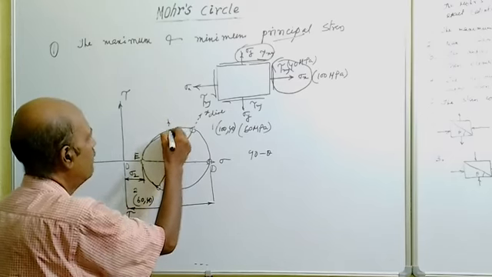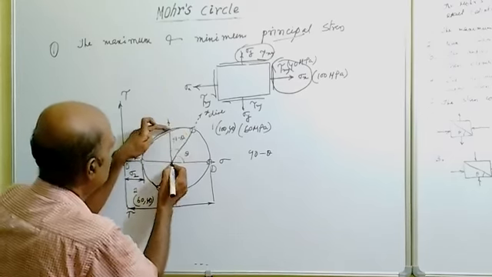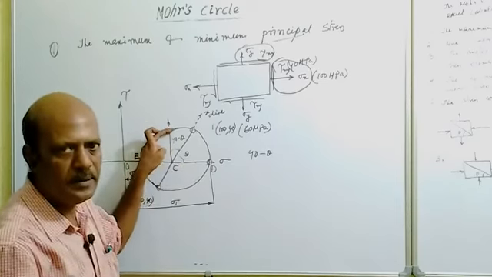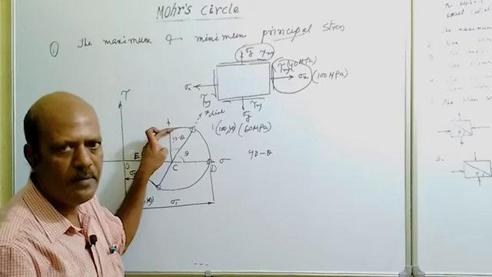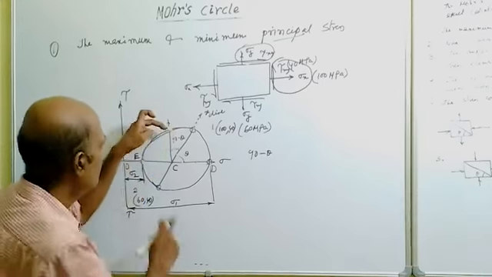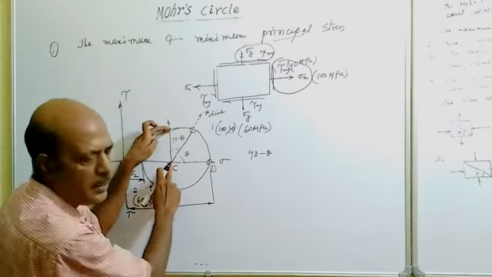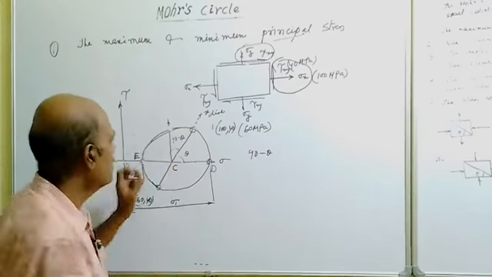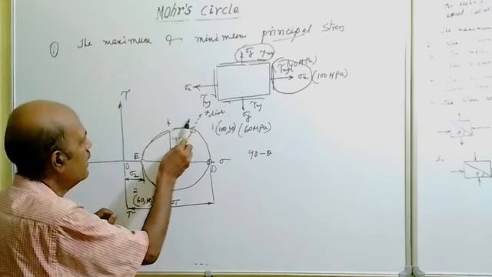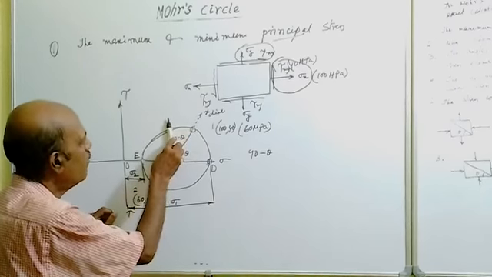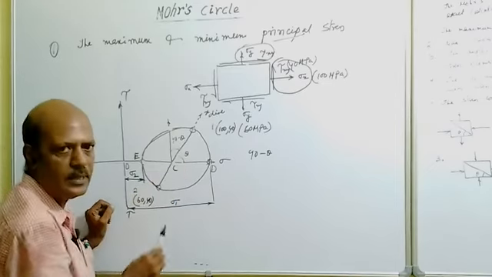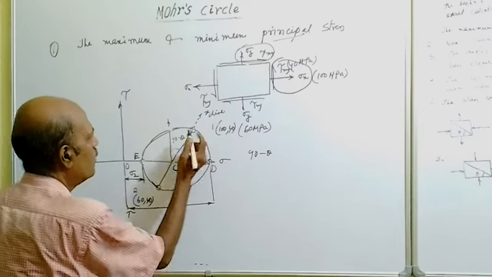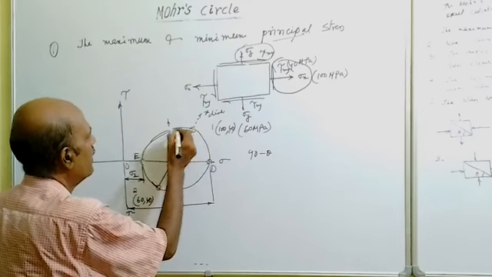At that time, this shear stress will be maximum, and the maximum value of shear stress will be equal to the radius of the Mohr circle. So when the x direction is rotated in anti-clockwise sense by 90 minus theta degrees, the new x direction will come here.